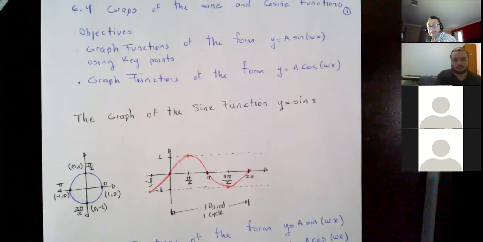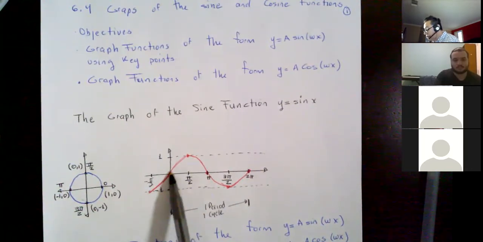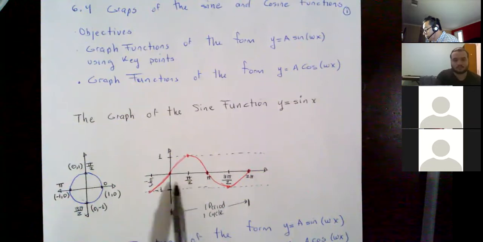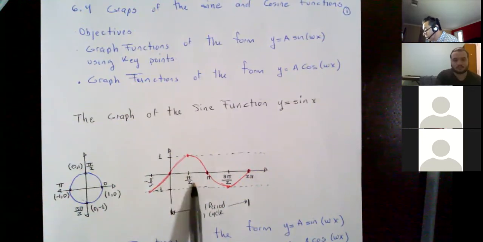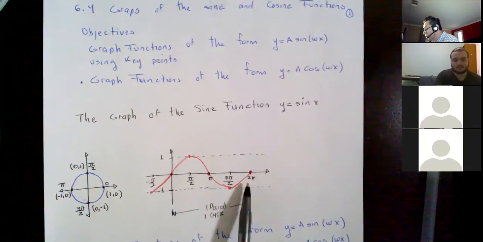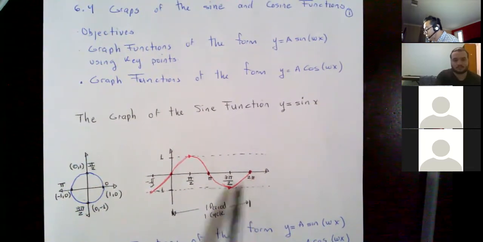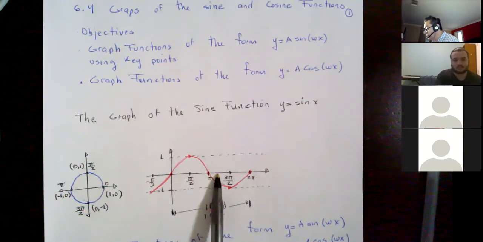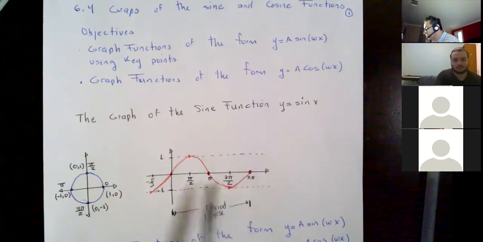All right, so let me go back to the basic function, because I want to explain how to find the key points. If you notice, in order to graph the basic sine here, I found 0, pi over 2, pi, 3 pi over 2, and 2 pi. There are 4 partitions, or intervals: 1, 2, 3, and 4.